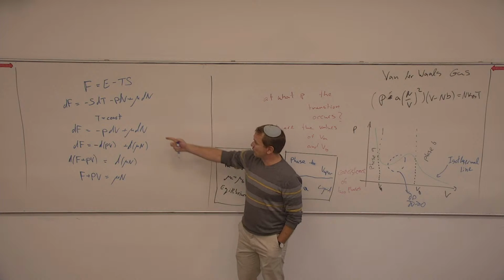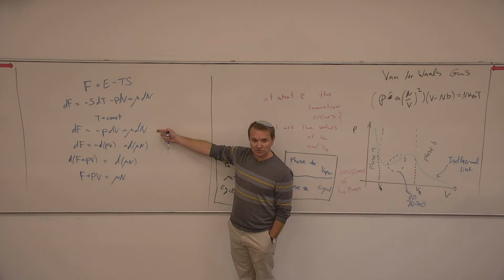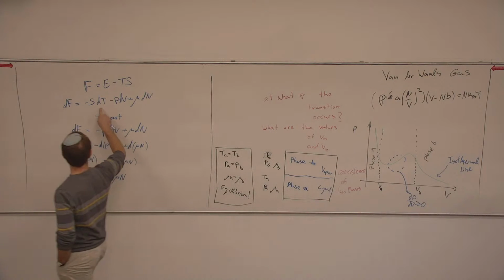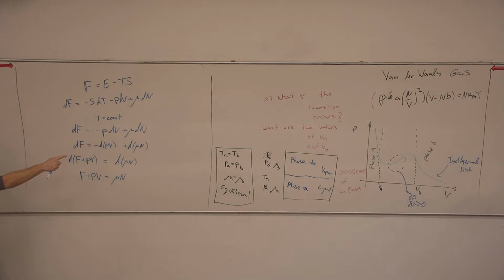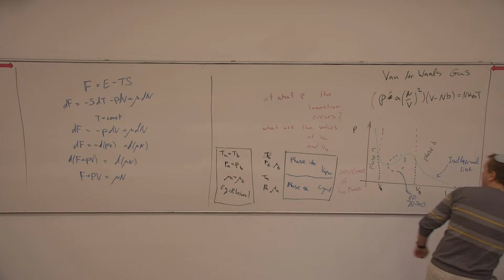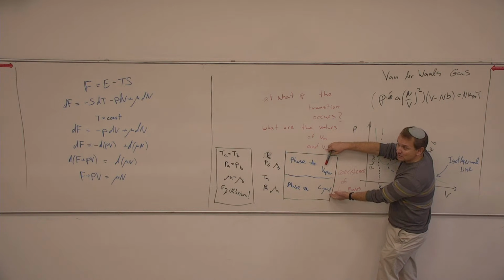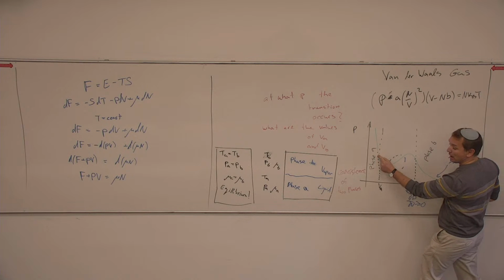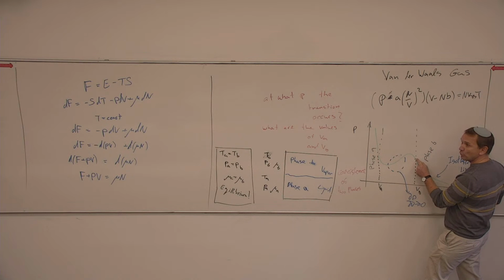Okay, so from what line do you want an additional explanation? From here? Okay, so I kicked out the T because I'm working on an isothermal. Now, I'm not just working on an isothermal, I'm saying I'm working at the point of coexistence. Where I am transitioning from a point over here to some point over there.